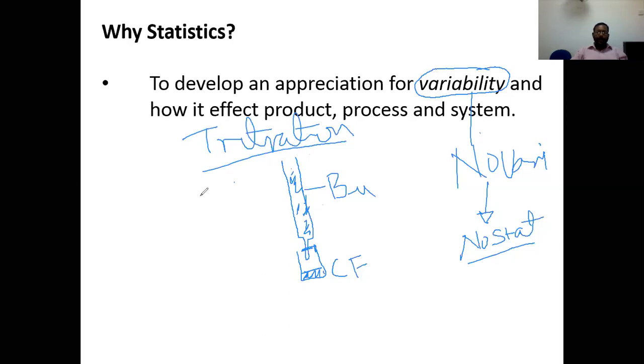Now I'm taking a first reading. Same solution. At the end point, I'm taking the first reading. It says burette reading 5.5 milliliter.